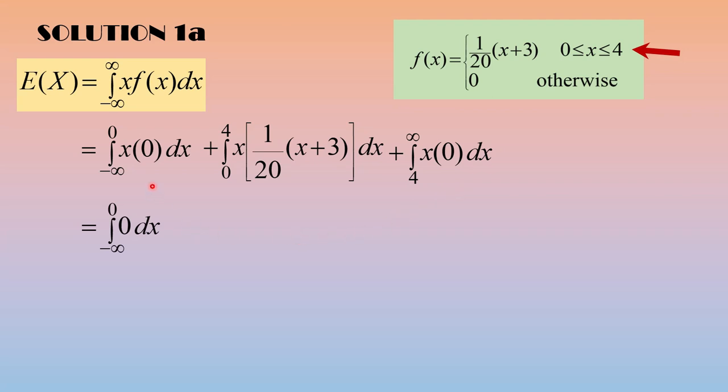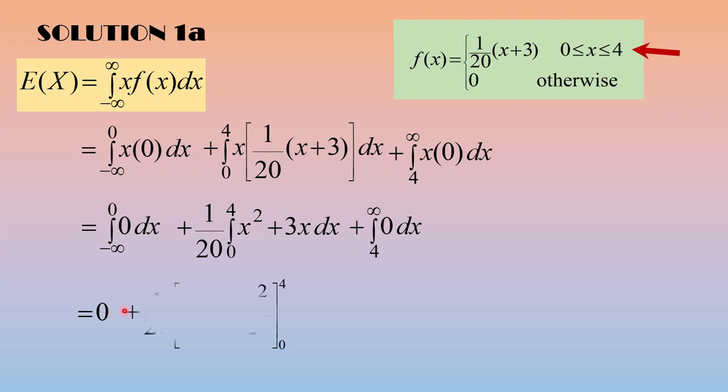Therefore, from negative infinity to 0, the function is 0, plus we bring 1 over 20 out, and we only concentrate on integrating the function x squared plus 3x from 0 to 4 dx, plus from 4 to infinity, the function is 0.